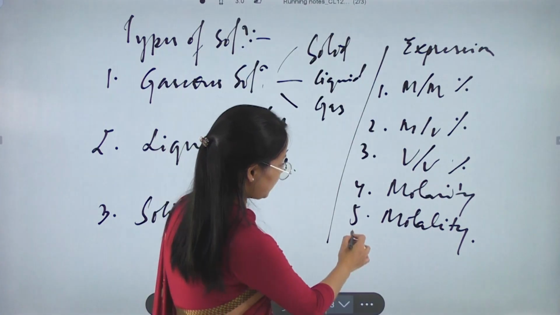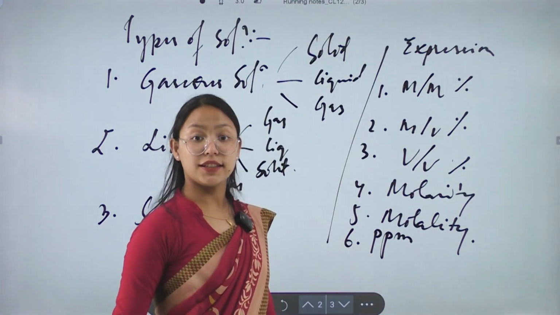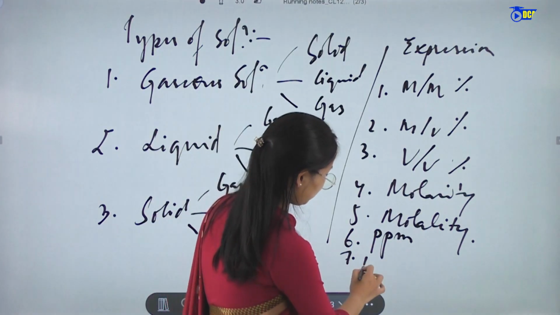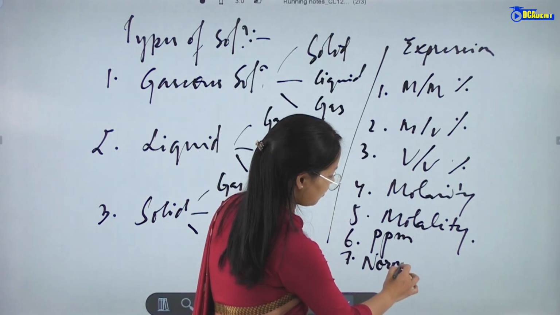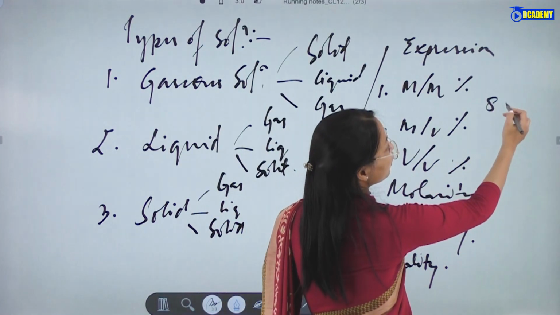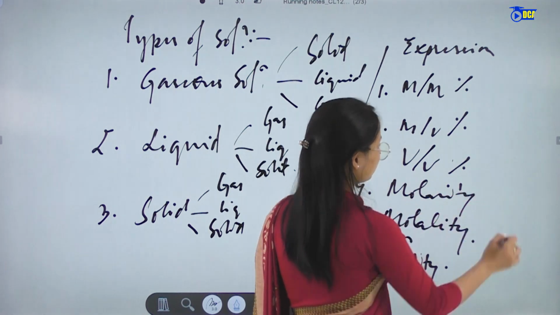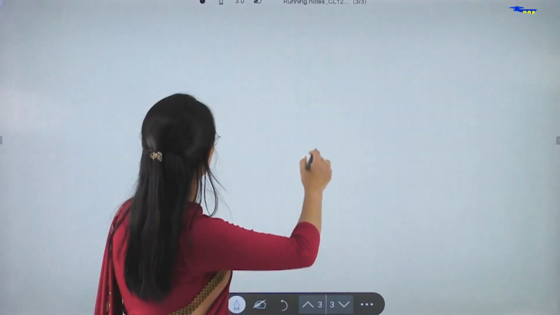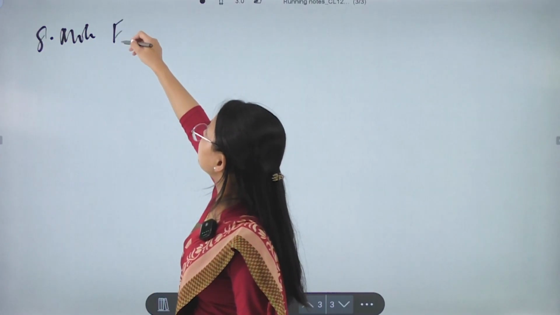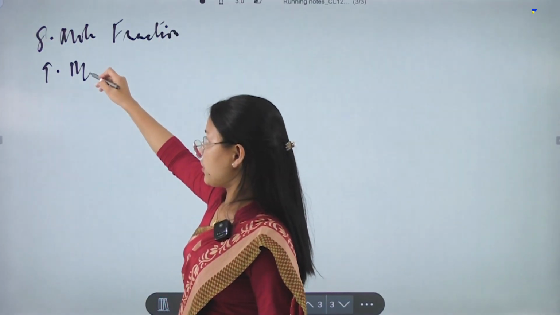Then ppm, parts per million. Next, normality. Then mole fraction and last, mass fraction.